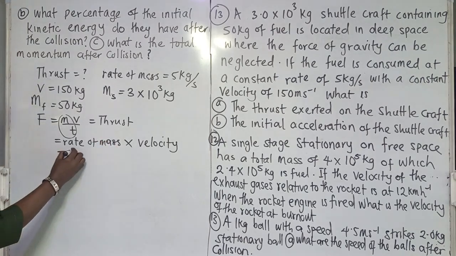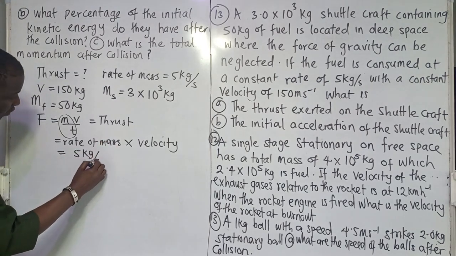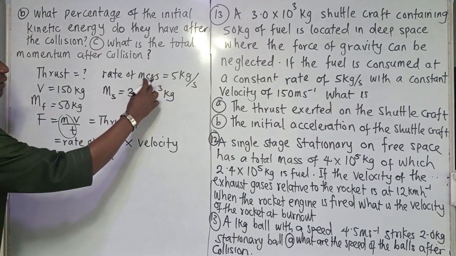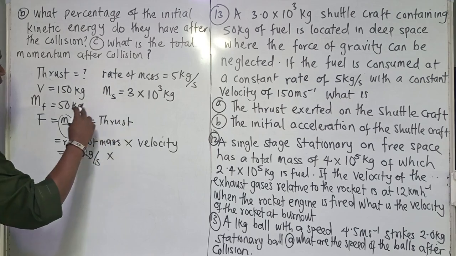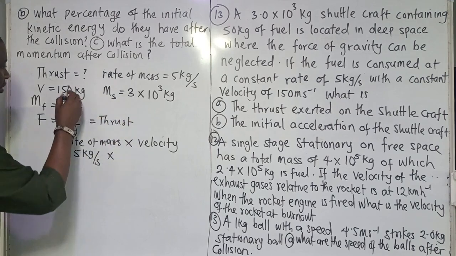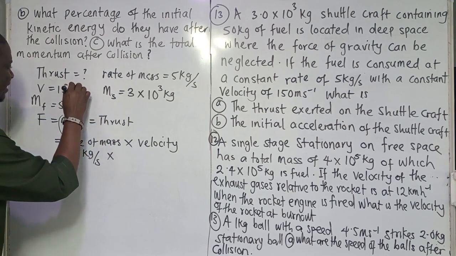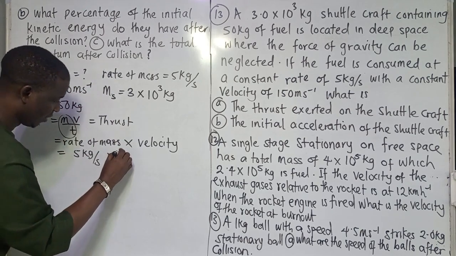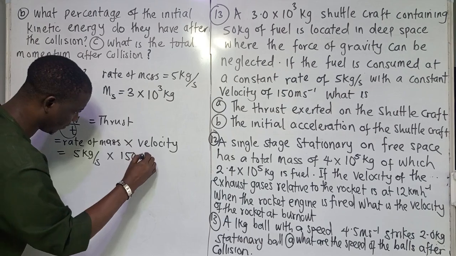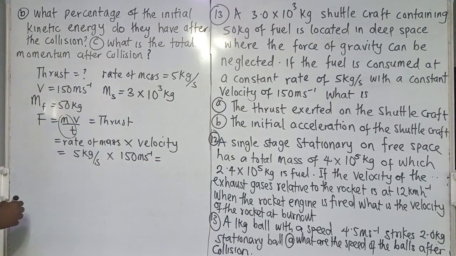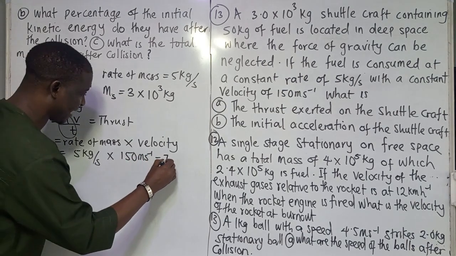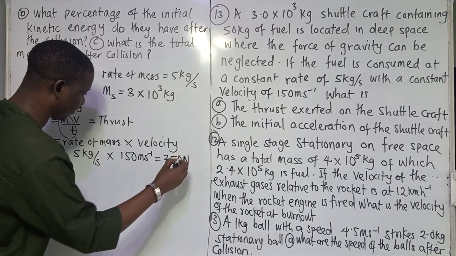So what is rate of mass? 5 kilogram per second times the velocity. Velocity is given to us as 150 meter per second. So we are going to multiply it and get 750 Newton.